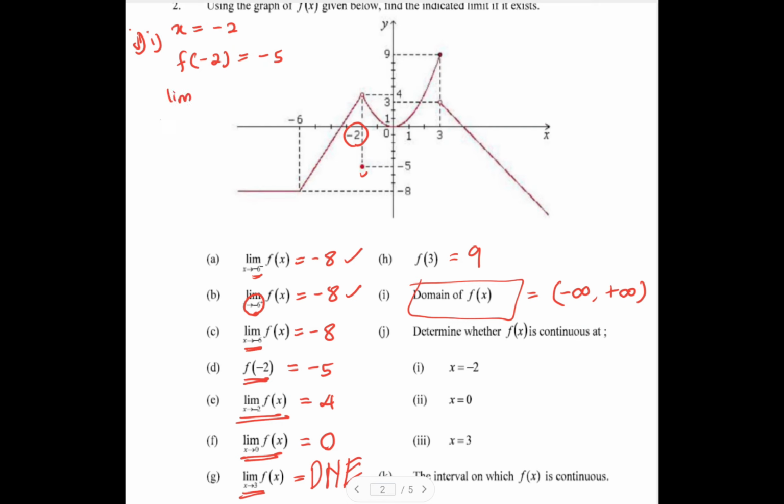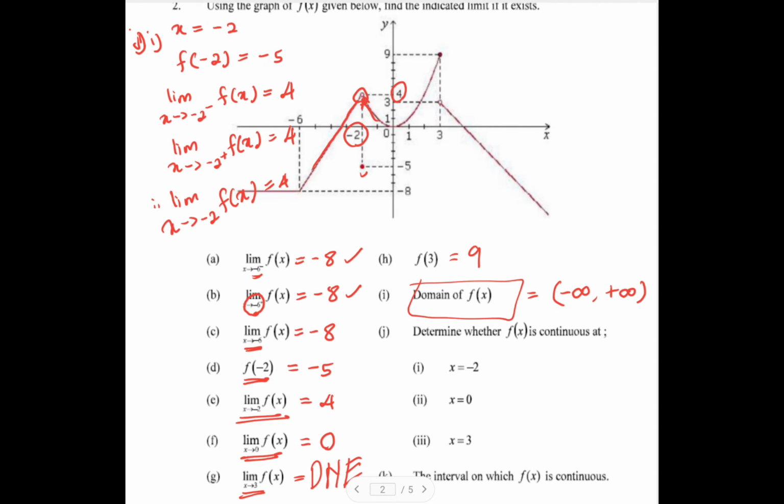The limit as x approaches negative 2 from the left for f(x) equals 4. The limit as x approaches negative 2 from the right for f(x) also equals 4. From the left, it stops here, equal to 4. From the right, it also stops here, equal to 4. Therefore, we can conclude the limit as x approaches negative 2 for f(x) equals 4.